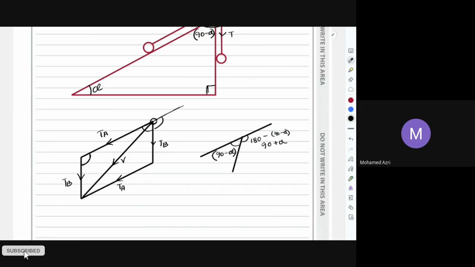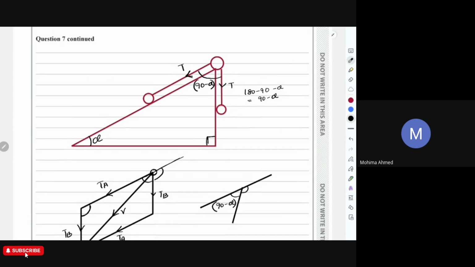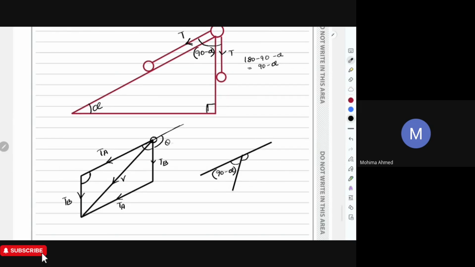Can you explain it again? Do we understand how I am getting this one? This is the sum of angles on a straight line, right? 180 minus 90 minus alpha. So we are getting 180 minus 90 minus alpha, that is actually 90 minus alpha. So again, if this is a straight line, this is also another 180, so you have to subtract 90 minus alpha to get this angle, right? This theta over here.